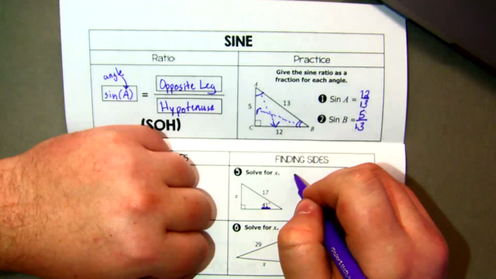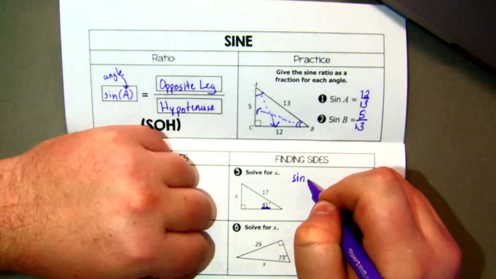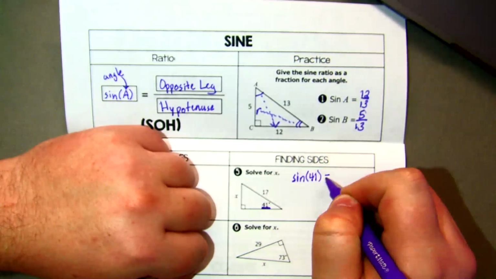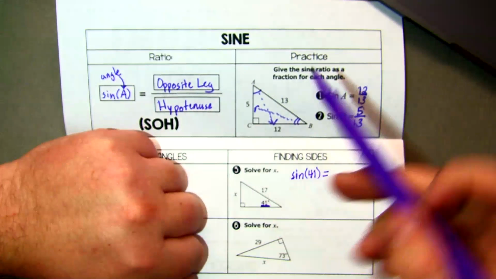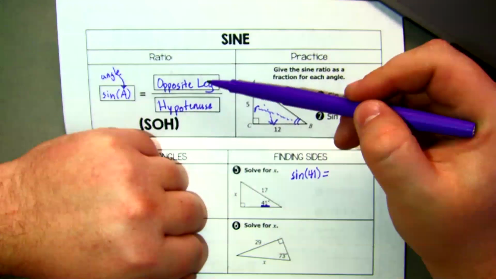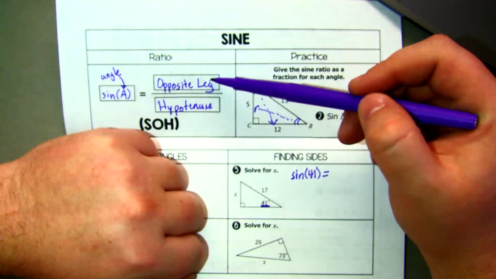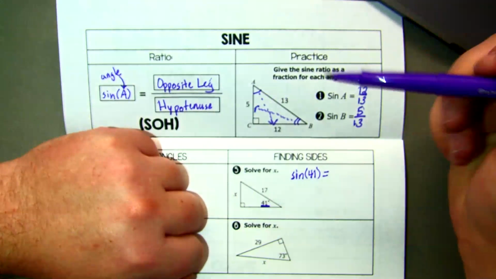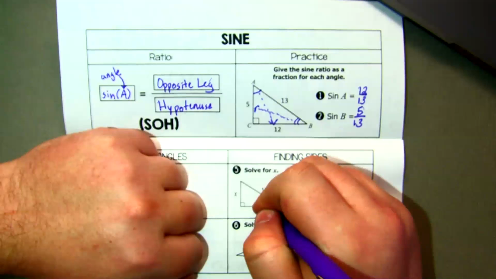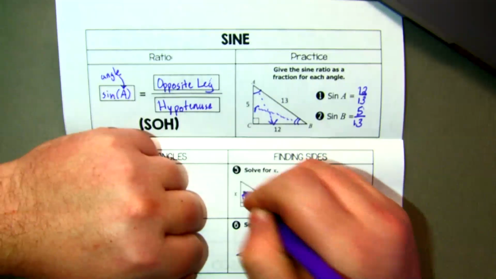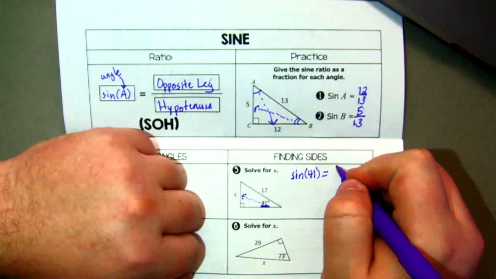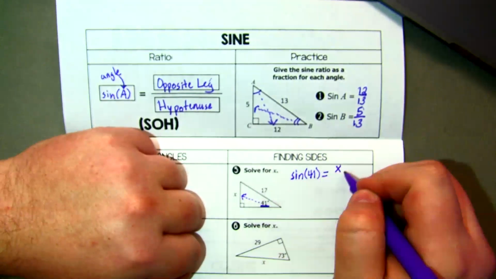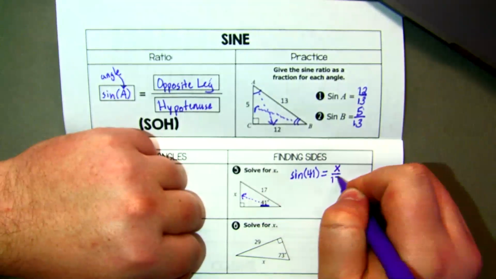So we'll say that sine of 41. Now we want to set up our side ratio like we have up here. So what we put on the top is our opposite leg, and what we put on the bottom is our hypotenuse. Opposite the 41, we have an x. I'm going to put an x on the top, and our hypotenuse is 17.